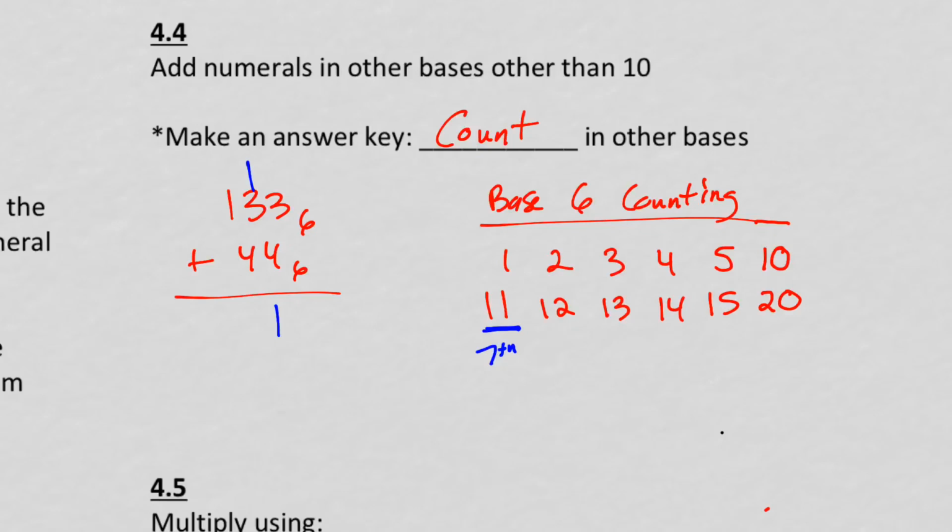And now I have 8 items, so the 8th item is going to be 1, 2. So I'm going to put the 2, carry the 1. And now 1 plus 1 is 2, and the second item is just a 2. And that's now base 6.